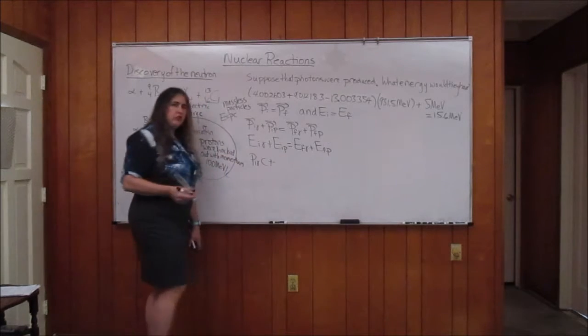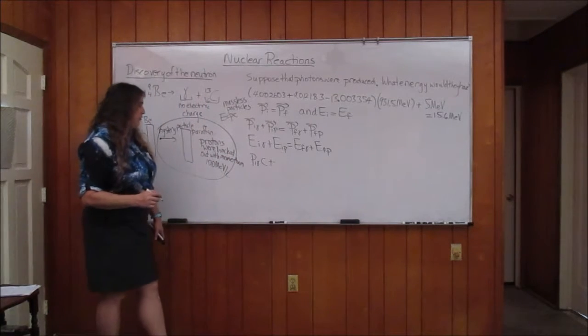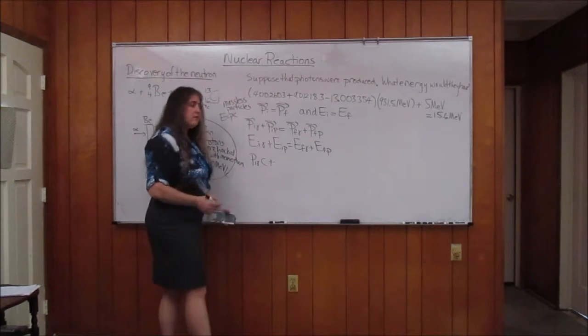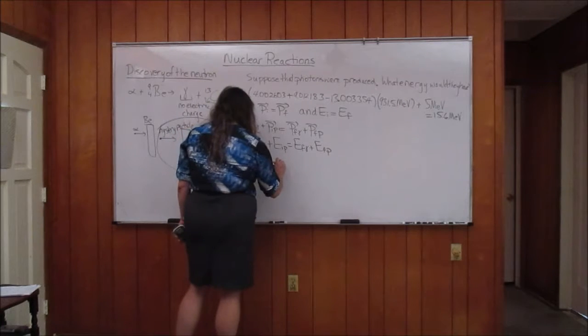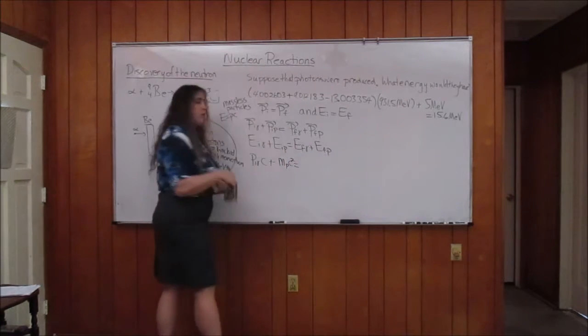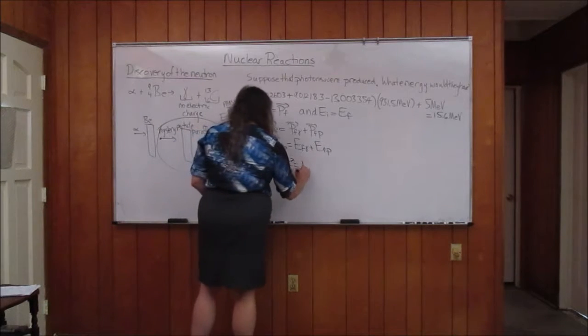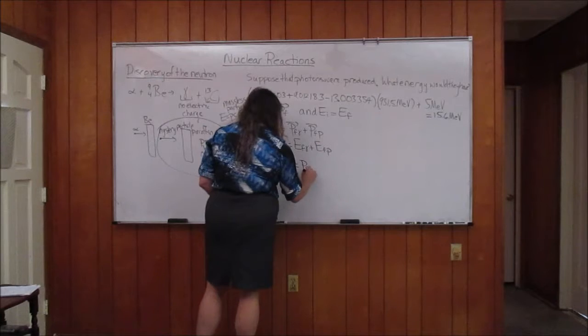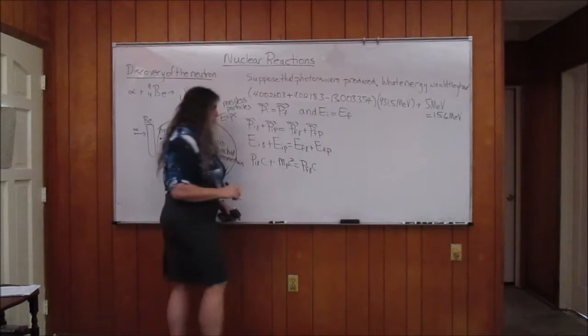You've got a kinetic energy term, you've also got the rest mass contribution as well. Kinetic energy contribution is going to be 0 because we're assuming that the proton's initially at rest. So this will just be m_p c squared. Over on the right-hand side, the energy of the proton is just going to be its momentum times the speed of light.